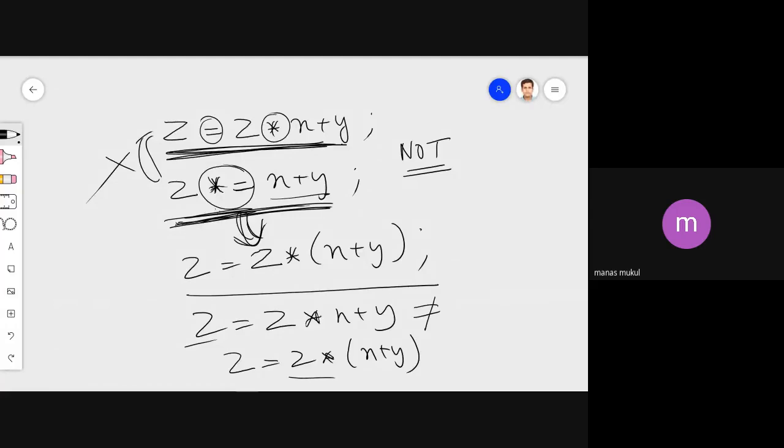So when you're using operators, you have to be very careful about how you use them, because there are different rules when you look into the brackets. For example, in mathematics you have the BODMAS rule. You must all know how exactly expressions are resolved and evaluated.